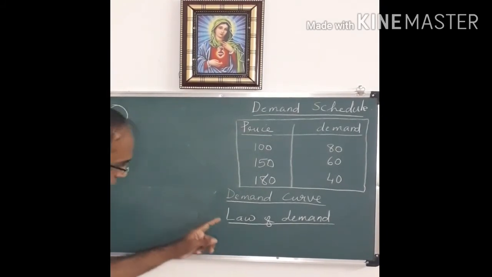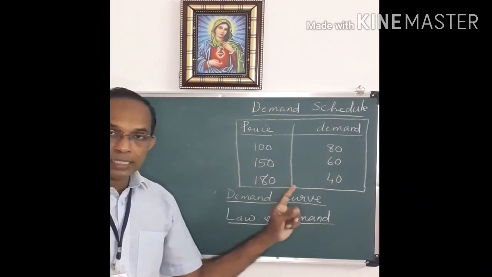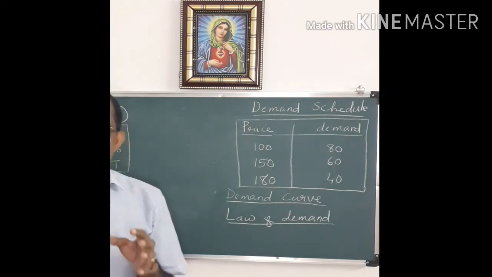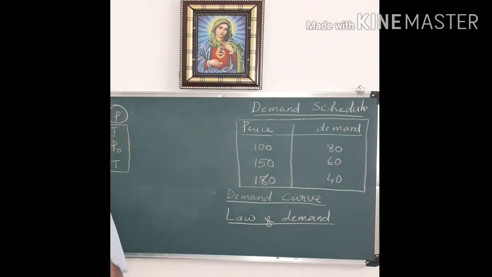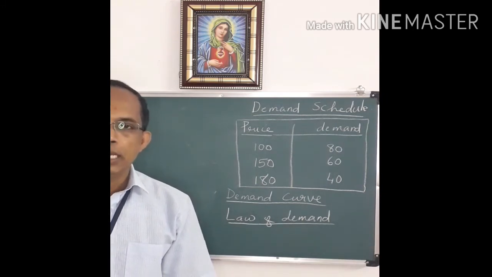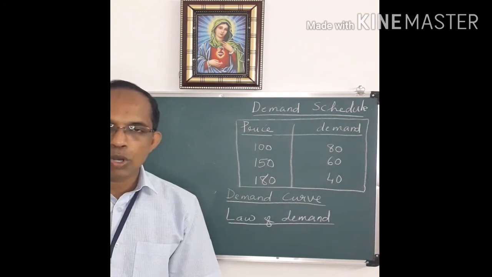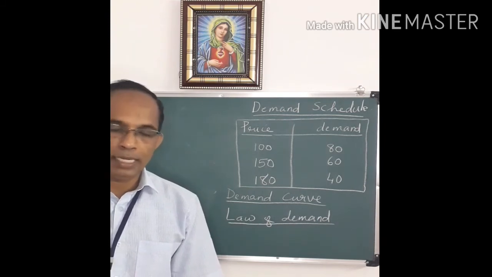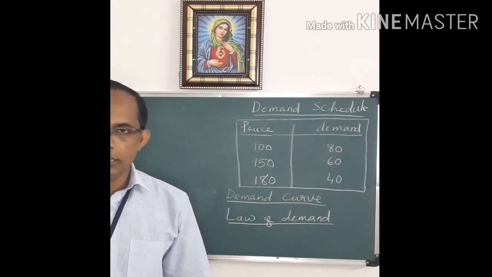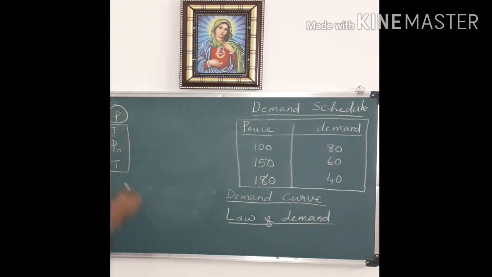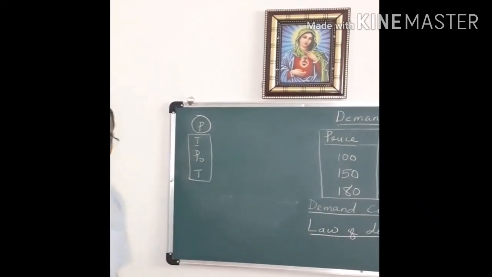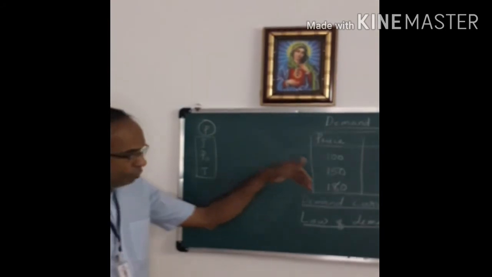Or we can define the law of demand as: when other determinants of demand remain the same, the quantity demanded of a commodity varies inversely with its price. This is called the law of demand. That is true for all normal commodities. Only one condition: other factors affecting demand remain the same. Then only this law of demand can work.